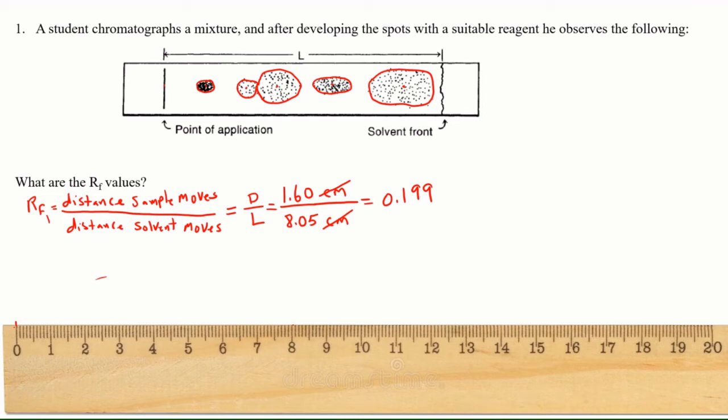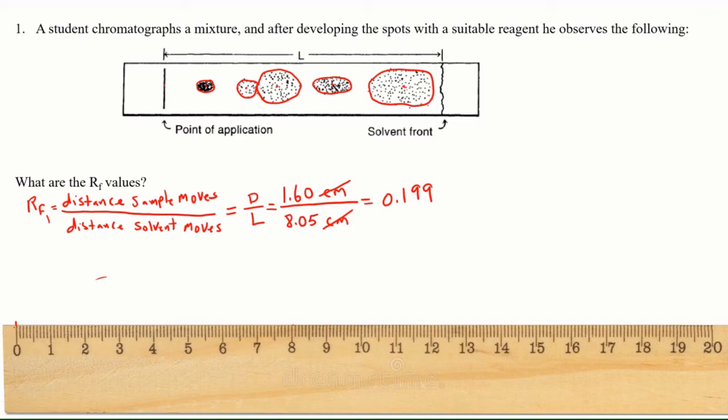Now what you have to do is do the same thing for the second substance, the third substance, the fourth, and the fifth. You should get 5 values similar to this. Of course, the RF value will increase as you go further up, because here the substance moved much further away, so the RF value will be greater.